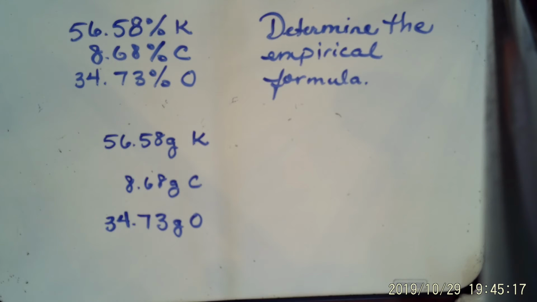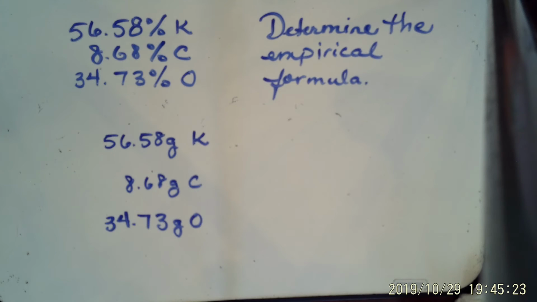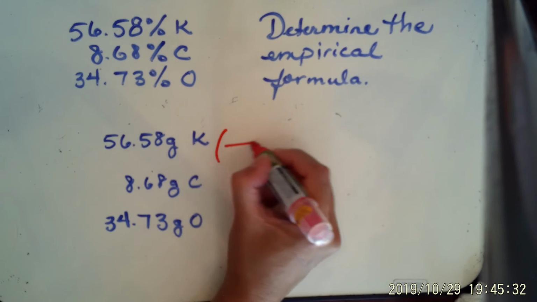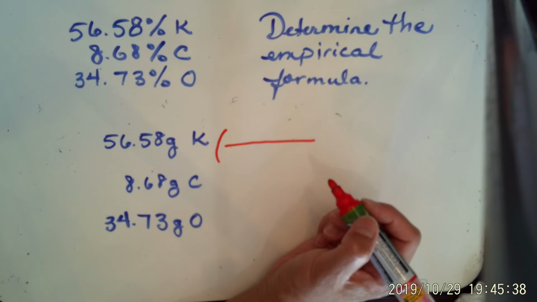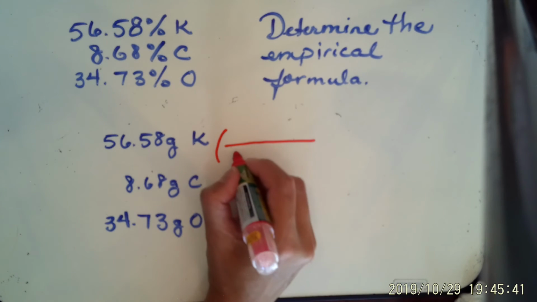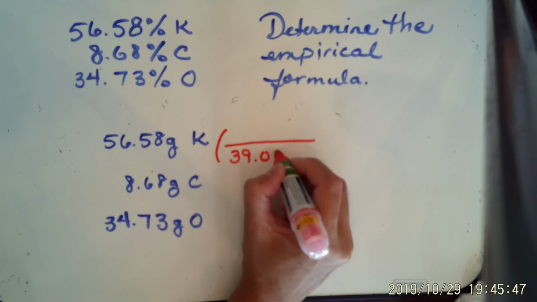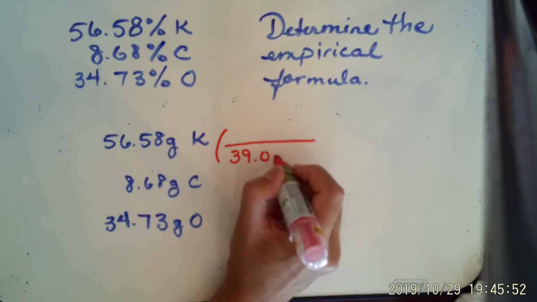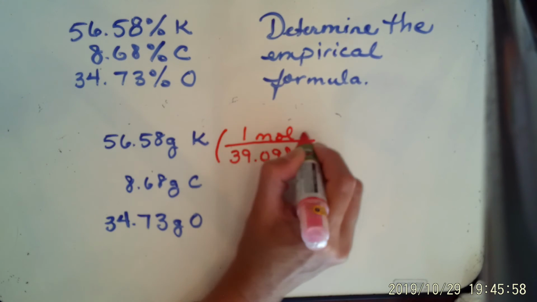When we convert mass to moles, we're going to use our periodic table again. So have your periodic table always handy with you now, because we're going to be relying on it very heavily. Potassium has a molar mass, let me look it up, of 39.0983 grams for every 1 mole of potassium.